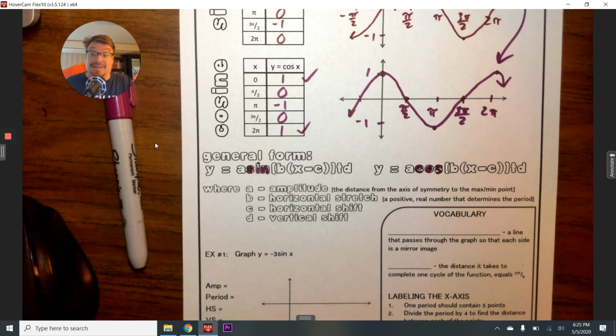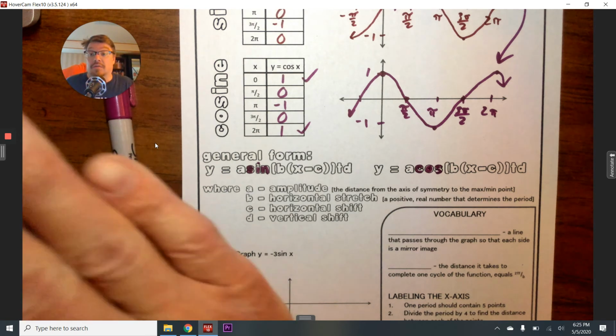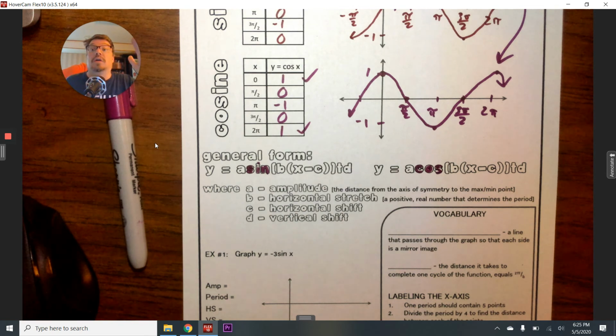And what it does is it creates a siren effect. That's what a sine and cosine wave does. It essentially will make it variable. It will change the wave so it's not just this constant kind of sound. So that's the importance of a sine and cosine wave and why we want to graph it.